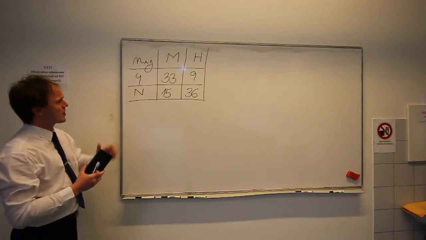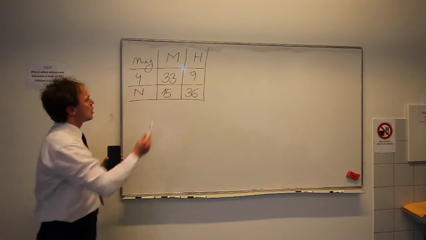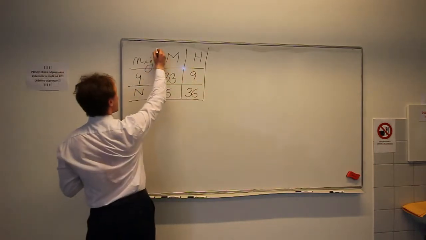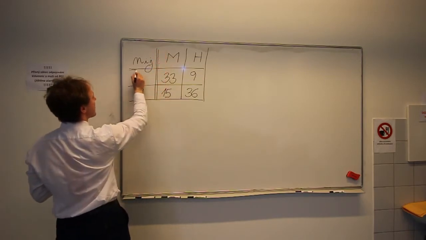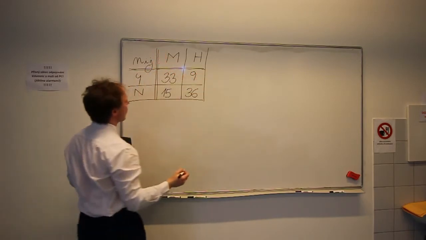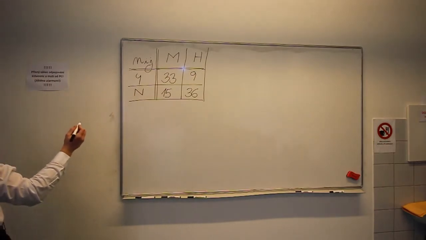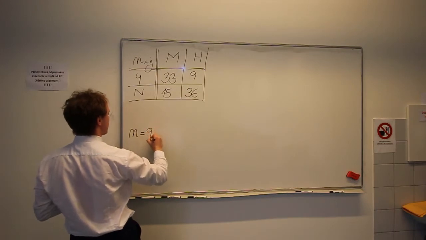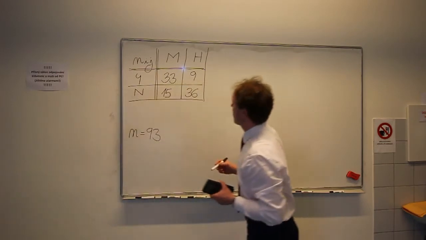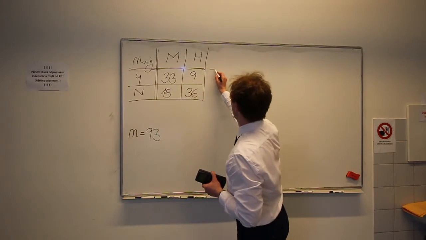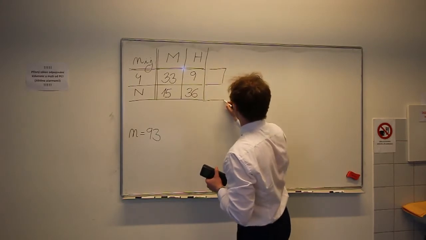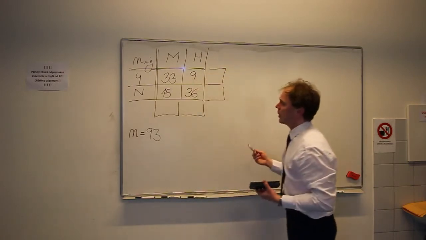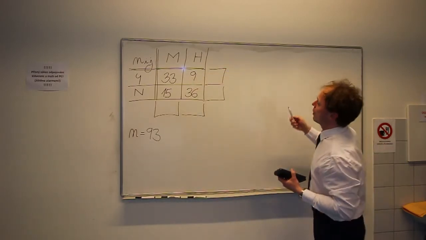Okay, so I am rewriting the table: mild and hard development, and yes or no, whether the patient was vaccinated. We know according to this table that the sample size n is equal to 93. You remember that we need to calculate the marginal frequencies. This is a very fast recapitulation of what we already know.